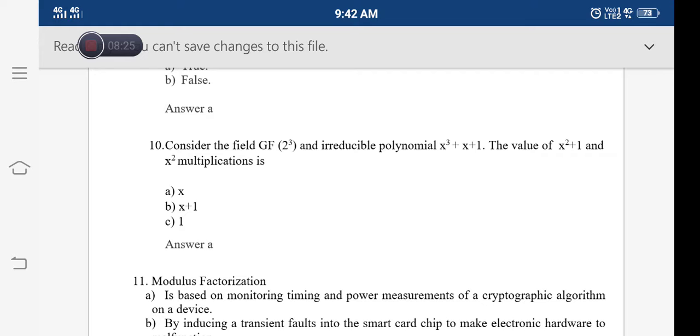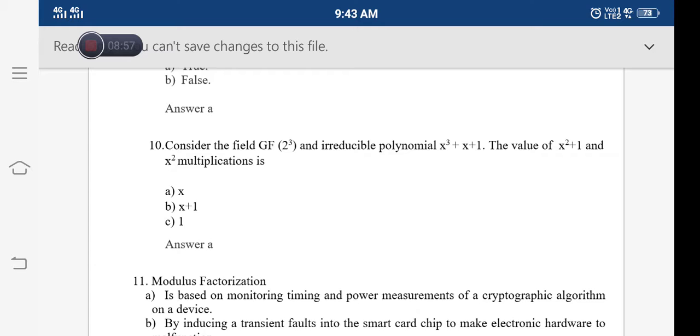When I perform x cube plus x plus 1 into x, I get x to the power 4 plus x square plus x. So when you divide, I get the remainder as x, because the x to the power 4 and x square terms get cancelled, and the remaining value is x. The answer is x for the 10th question.